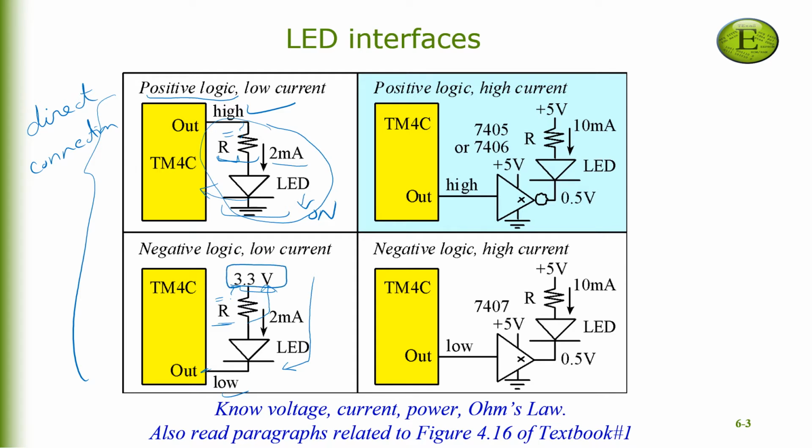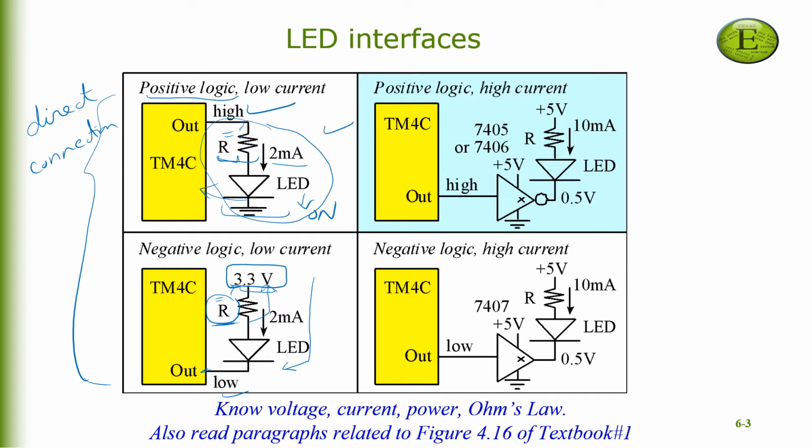And then the current can flow through the LED, but we must be careful and insert an appropriate resistance as we did here in case of positive logic. Nevertheless, in both cases, the LED was directly connected to the microcontroller. That's how we say it.